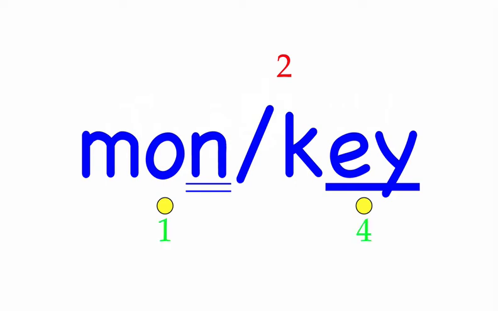Monkey, monkey. They will go with us. They. 2 sounds. They. First, we look for teams, letters representing their second sounds, or a silent E. In this instance, we have 2 teams.